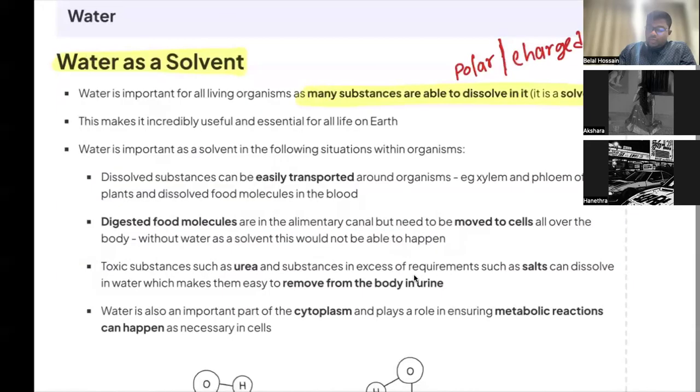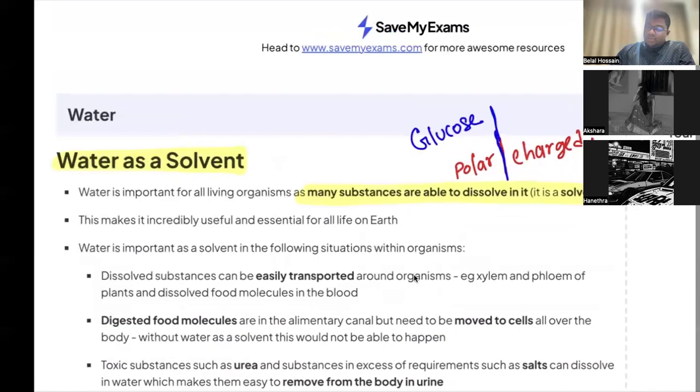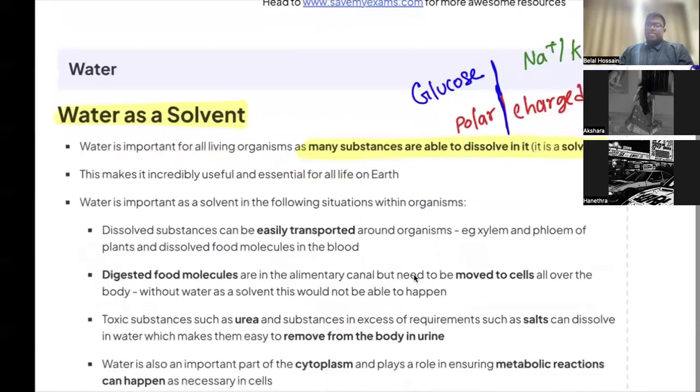An example of polar particles, which I already told you, would be glucose and sucrose. Whereas an example of charged particles would be ions, like sodium and potassium.